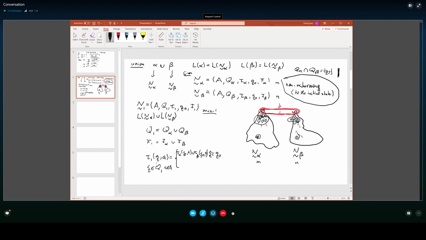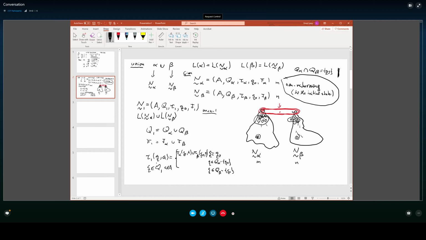The only other cases that we have to consider is if Q is a non-initial state of the first automaton, or if Q is a non-initial state of the second automaton.